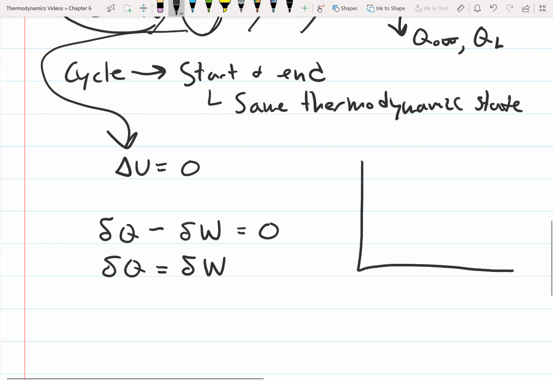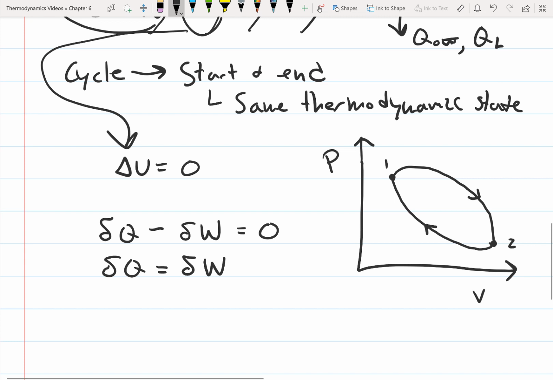And actually, let's look at our cycle. So this is a PV diagram. Let's say that this is state 1 and state 2. For our cycle, we're going from state 1 to state 2, and that's part of the process. And then we're returning back to state 1.